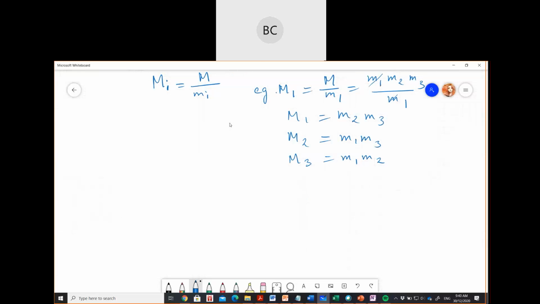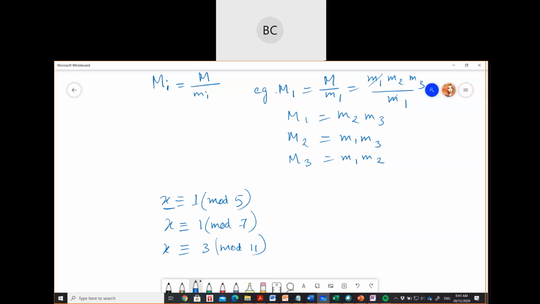Let's see the example. Suppose x is congruent to 1 mod 5, 1 mod 7, and 3 mod 11. Suppose these are the equations we are given, and we need to find the value of X with the help of Chinese remainder theorem.